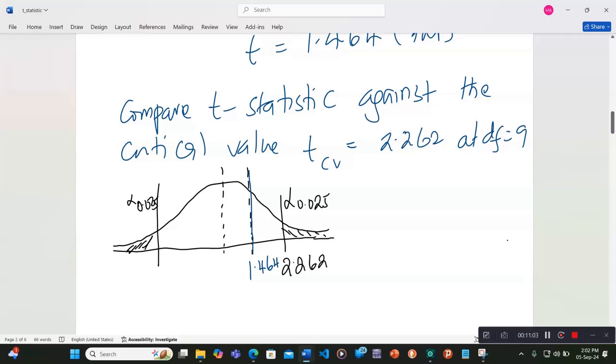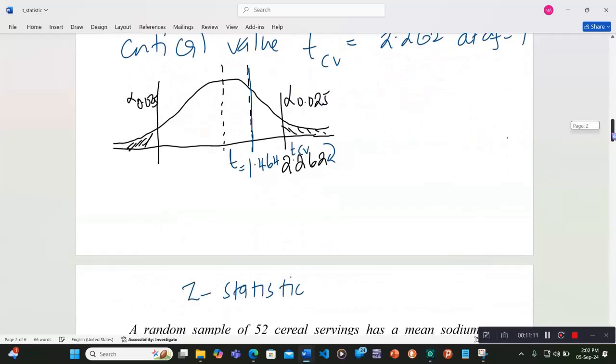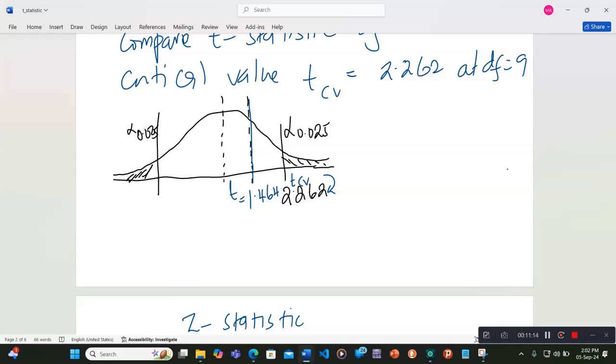So what does this mean? Remember, this is the TCV, and this is our t statistic. That means the t statistic is outside the rejection region.